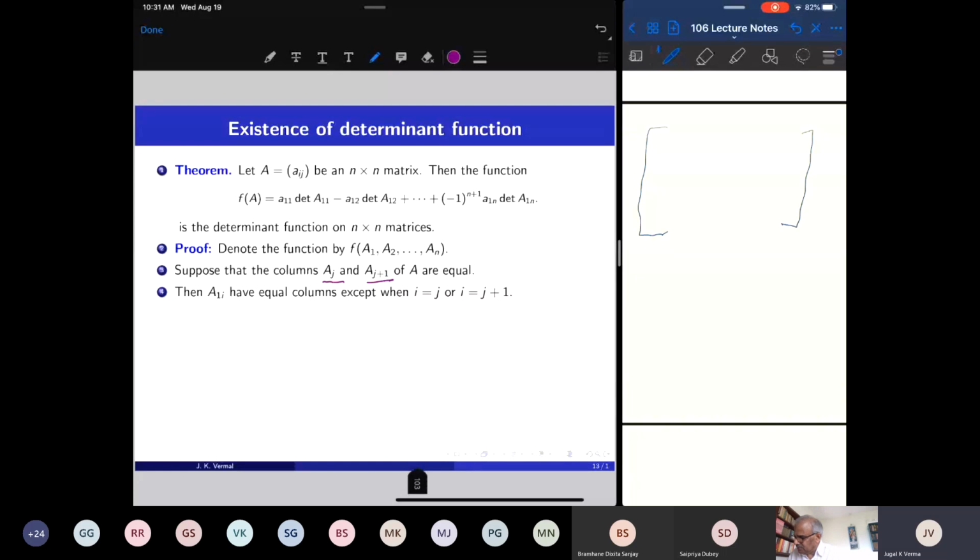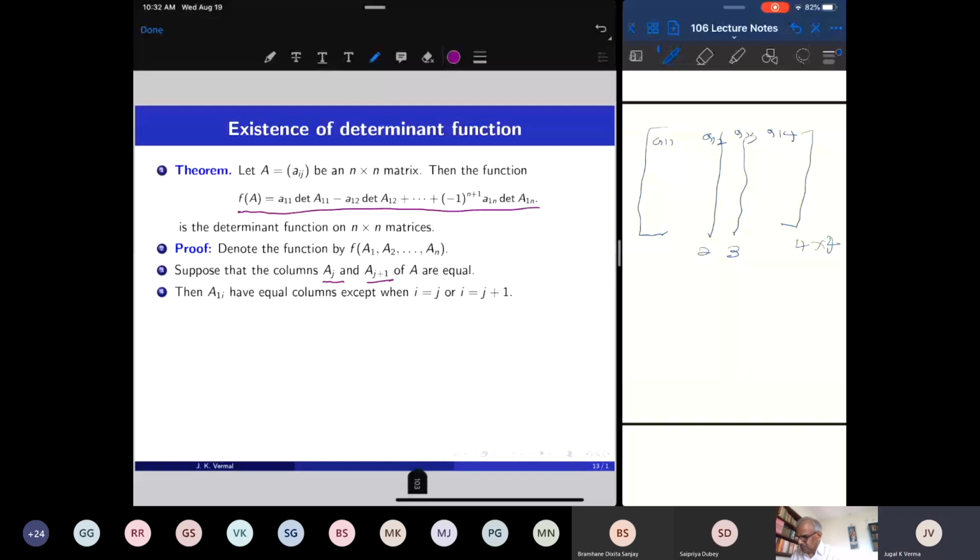Let's say I have a 4 by 4 matrix, and the second and third columns are identical. Then how will f of A look? f of A will have 4 terms, right? A11, A12, A13, A14. And the second and third columns are equal. I want to show that if I apply this formula, I get 0.